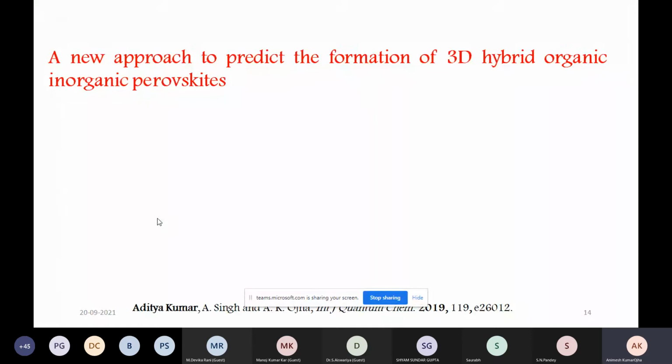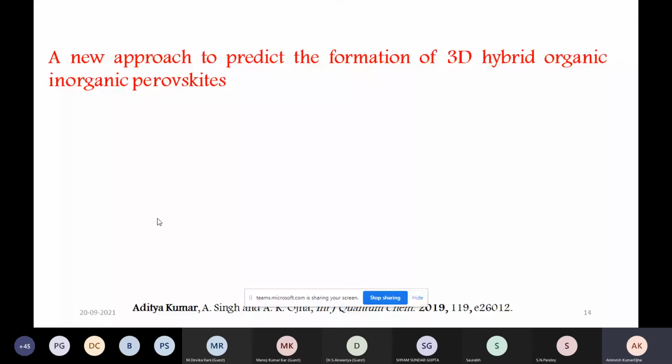The title of this work is a new approach to predict the formation of three-dimensional hybrid organic-inorganic perovskites. Now, as you know, for any ABX3 compound which you design in order to replace this CsPbI3, you must know certain criteria.